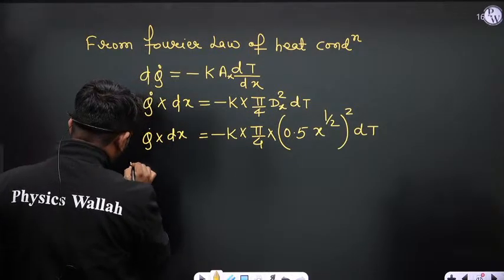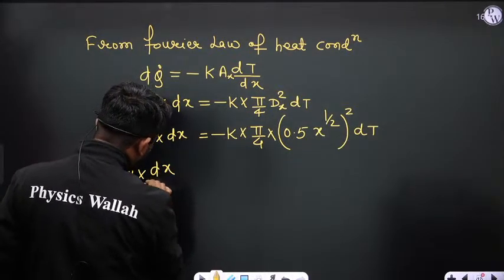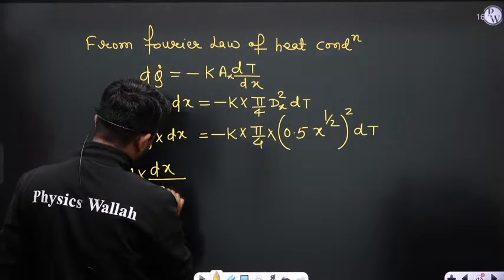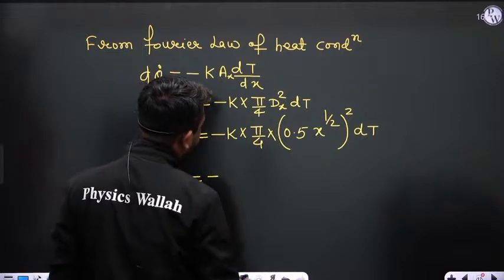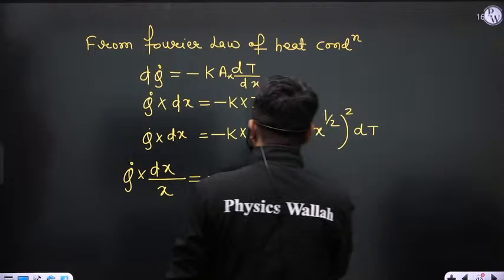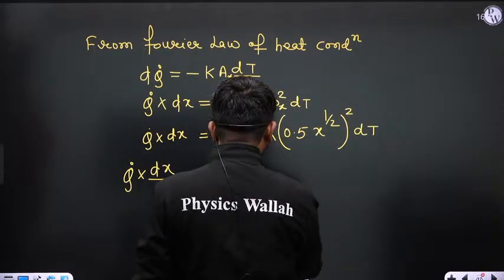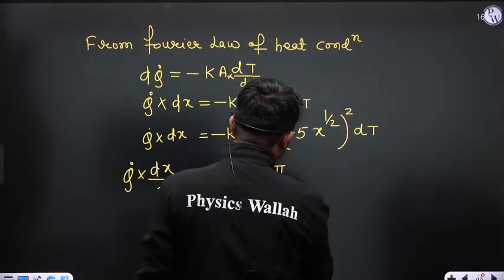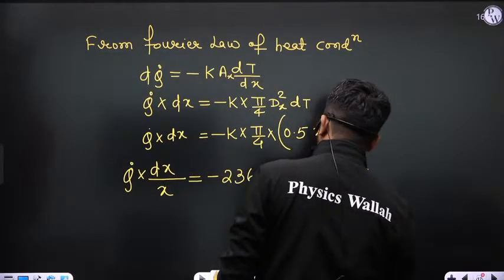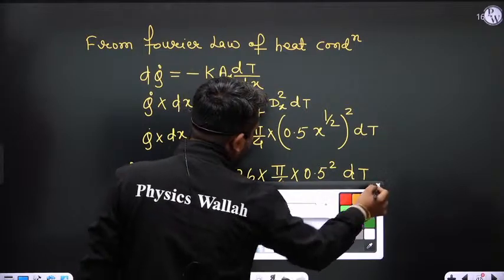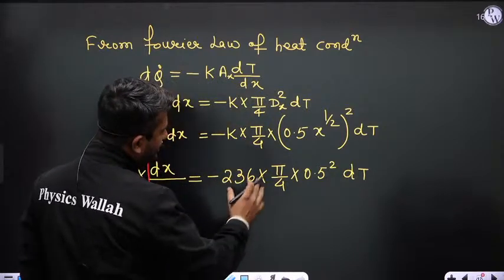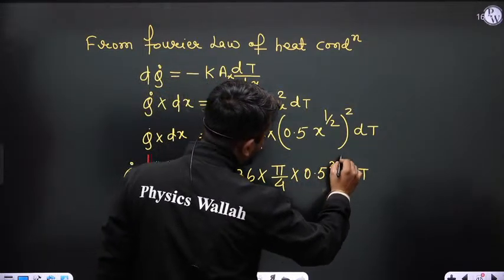Now q dot into dx, now see here, this is x equal to minus, the value of k is given, 236, into pi by 4 into 0.5 square, and this is dT. Now integrate this equation. 236 is constant, pi by 4 and 0.5 square are constant.